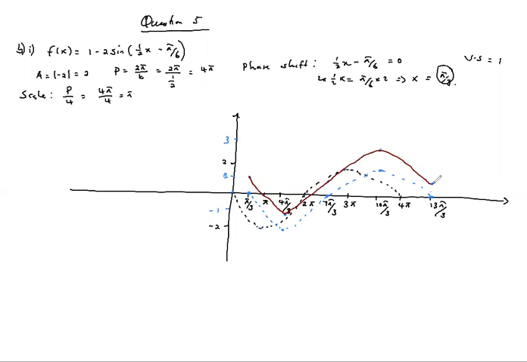Now they were saying you must sketch it in the interval 0 to 2 pi. So you come back and observe the interval. To 2 pi, it must end somewhere here.